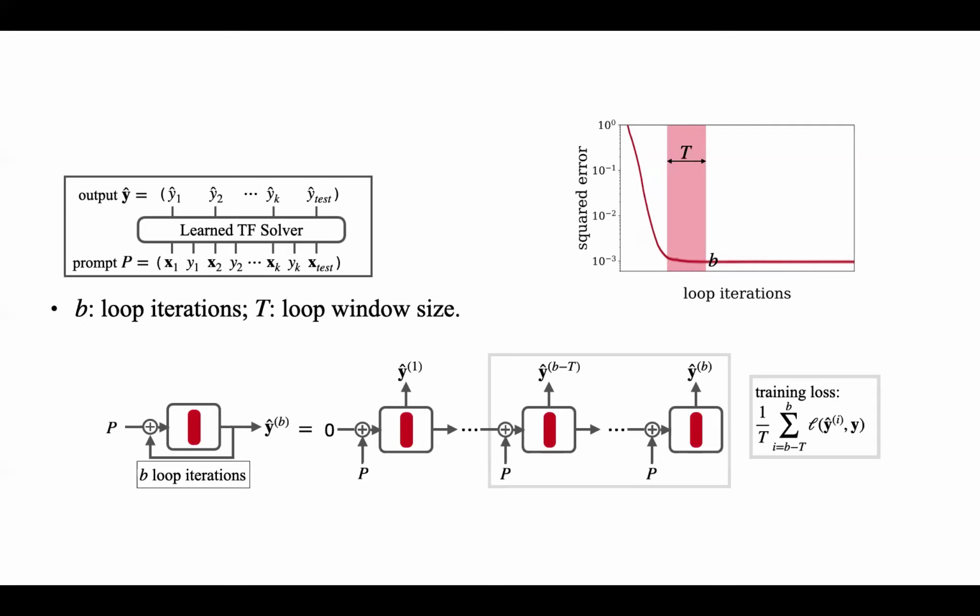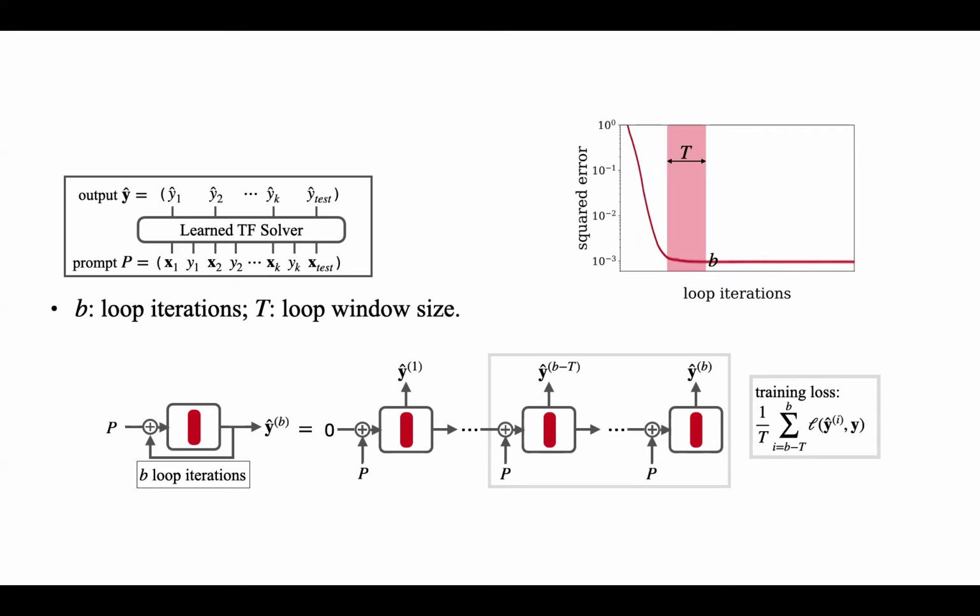But the loss signal will also affect the weights. So only for those 5 you will update, or you will update for the full? It's actually the same set of weights. Yeah, it's the same set of weights.